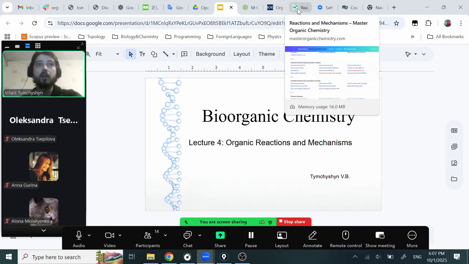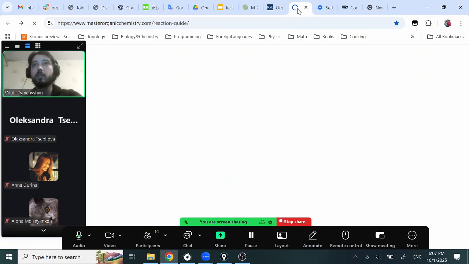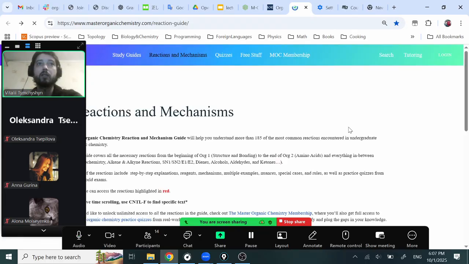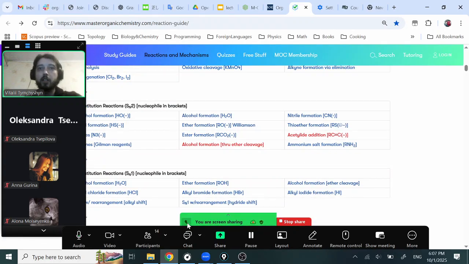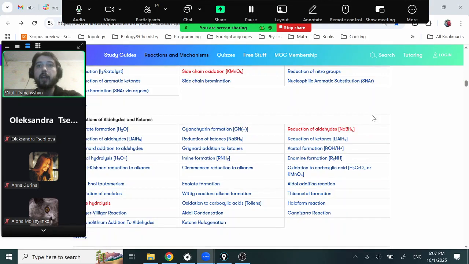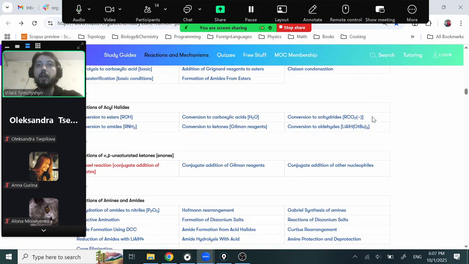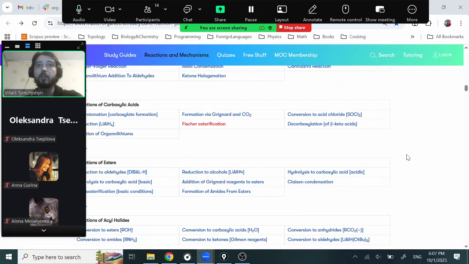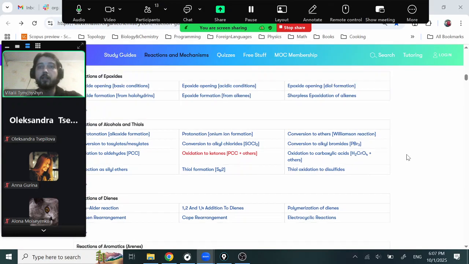The only thing I want to show you before we start, so here is, well, quite an arbitrary resource I was able to find. I just want to show you that there are a lot of different reactions and a lot of different mechanisms, so you shouldn't think that I have collected everything.